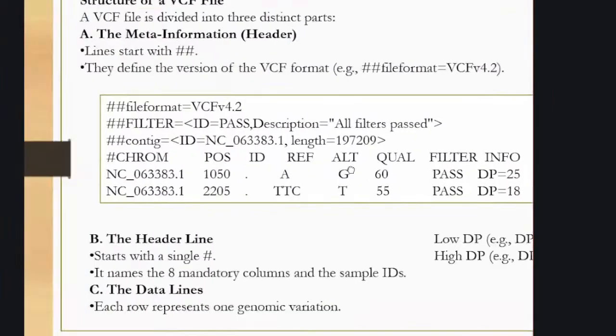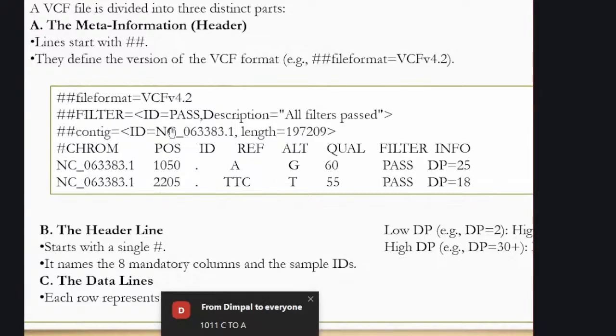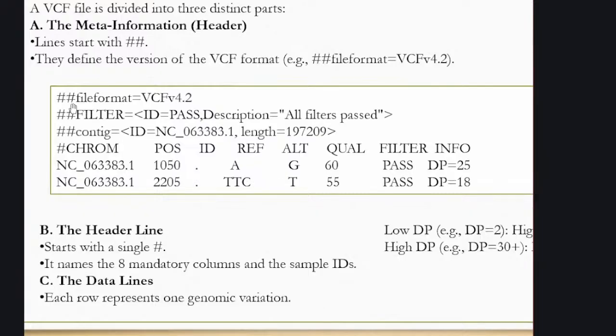So this is a VCF file format, right? In this format, there are two hashes in these three columns. These lines only give you information: NC is the reference genome, and they are giving the information of which reference genome the reads have been aligned to.